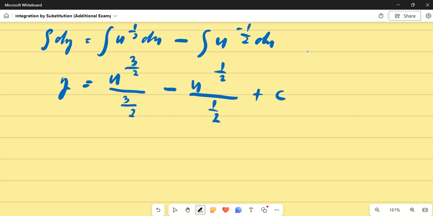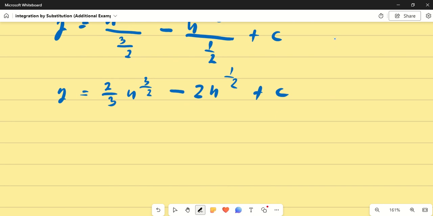Again, simplifying it further, you have your y. Then you multiply the reciprocal. You have your 2/3 times u raised to 3 halves minus 2. The reciprocal of 1 half is 2. U raised to 1 half plus your arbitrary constant c.